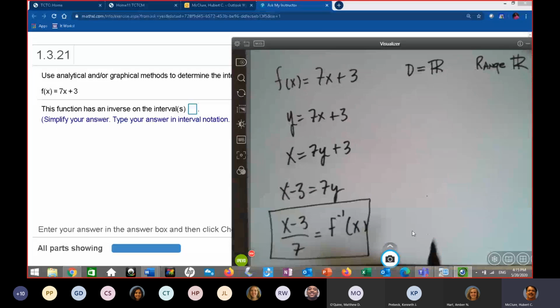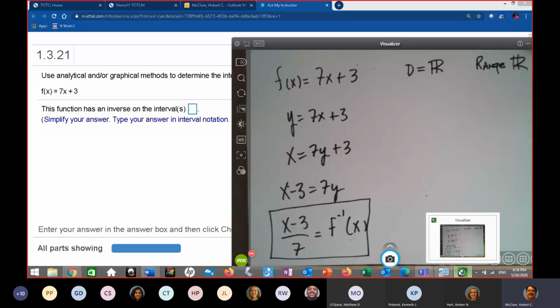Now, basically, it's going to be all real numbers again, but all you have to do is graph it. Because if you graph these two, you'll see the function a whole lot easier than if you do it algebraically. And if they would put that on here and say, what is the domain and range of each function? It would have made a whole lot more sense. So here we go. y is equal to 7x plus 3.